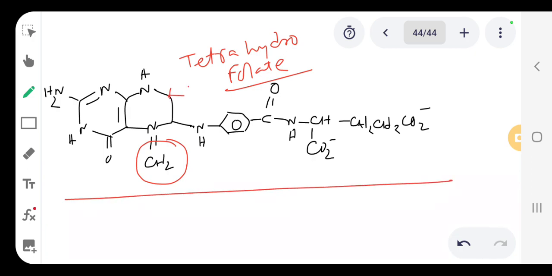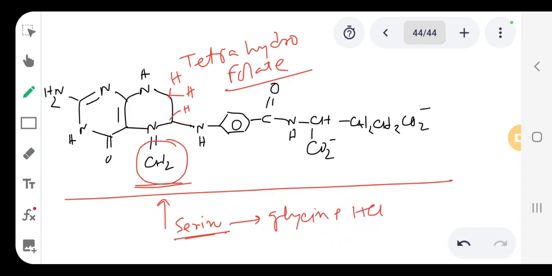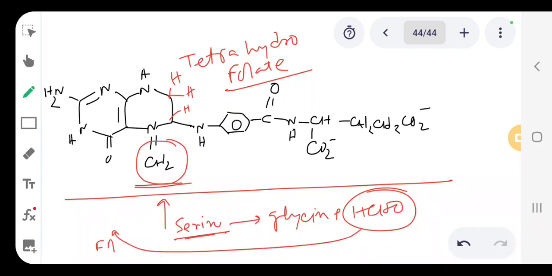These positions, where hydrogens were there, hydrogenation happened, and that's why this became tetrahydrofolate. And here the extra CH2 came. This CH2 came in from the serine moiety. We have studied in the last class: the serine becoming glycine plus HCHO, and this HCHO is attaching with the folic acid and giving this tetrahydrofolate CH2.